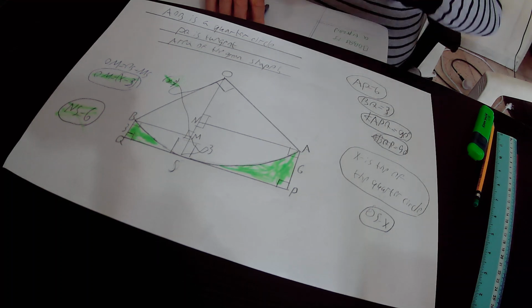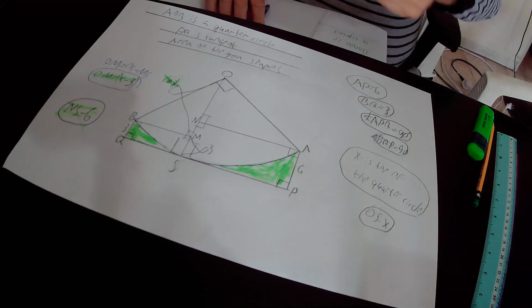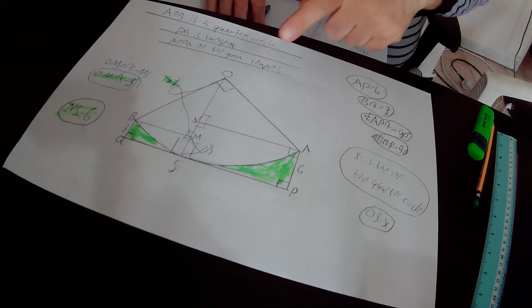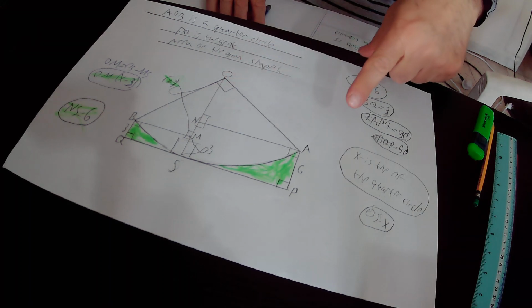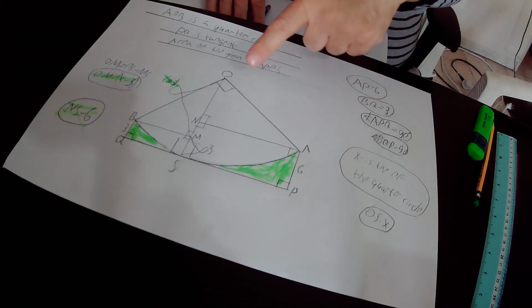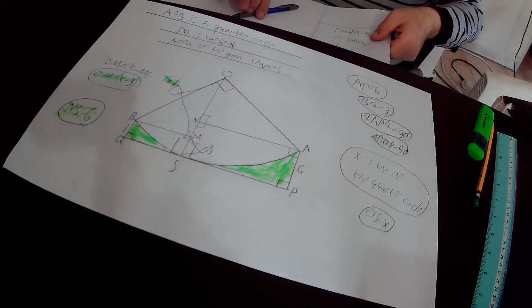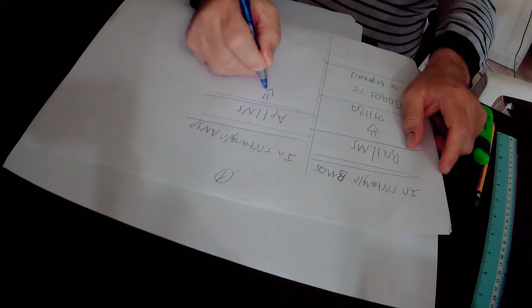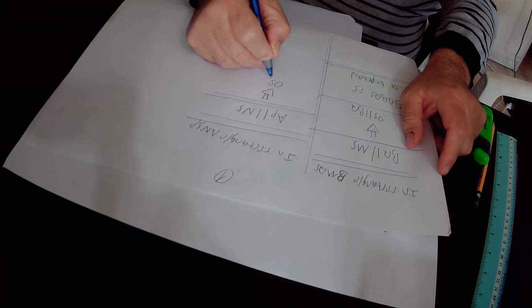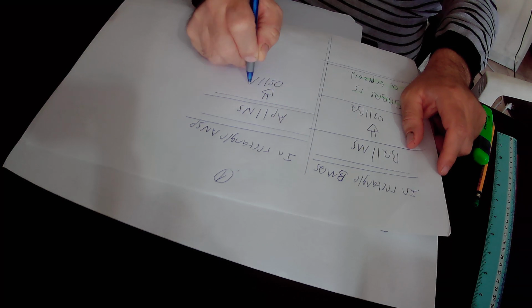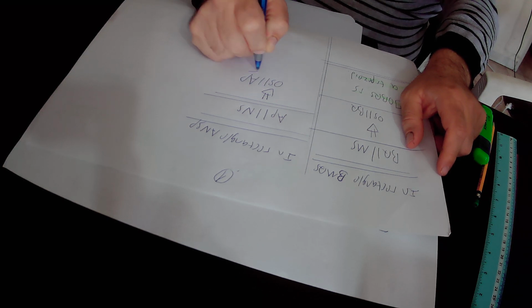And we know that if part of a straight line is parallel to another straight line, then the straight line itself must also be parallel to the other straight line. Therefore, OS must also be parallel to AP. So I write it down: OS is also parallel to the opposite side AP.